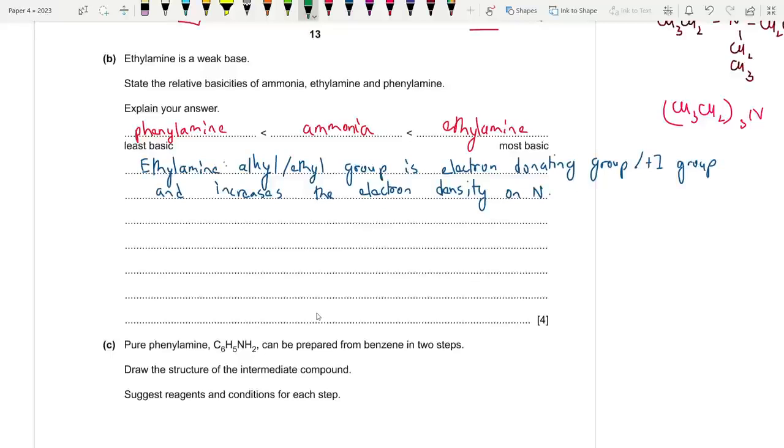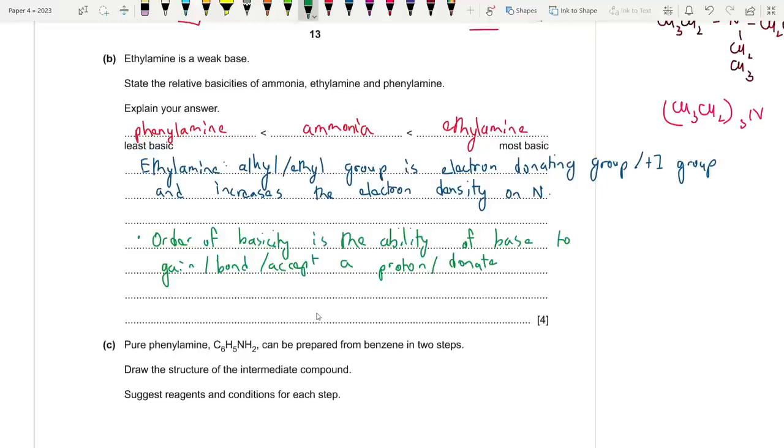Basically, the order of basicity is based on the ability of the base to gain or bond with or accept a proton, or donate its lone pair to a proton.